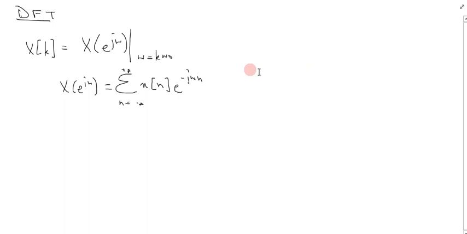And here you have a sequence x of n which has a range from 0 to N minus 1. You have x of n as an N length sequence, so here n is 0 to N minus 1.